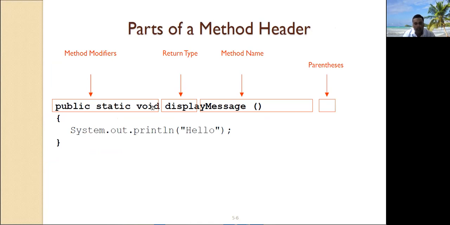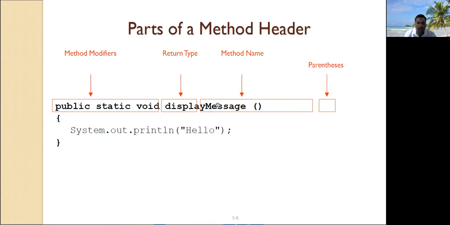Then we can specify the name of the method, that is the display method. Here display specifies the name of the method. The name of the method must be meaningful. It shows what kind of functionality or operation the method can perform.